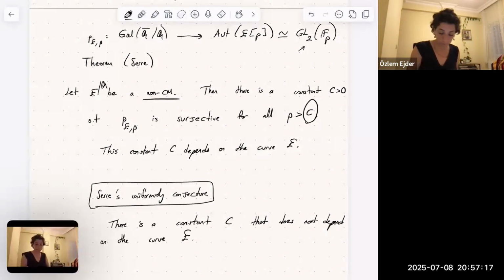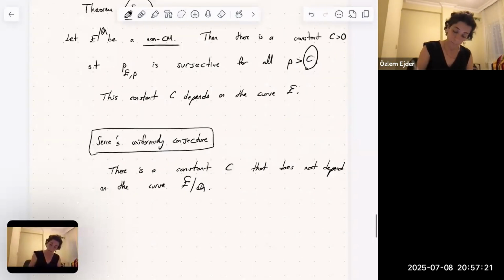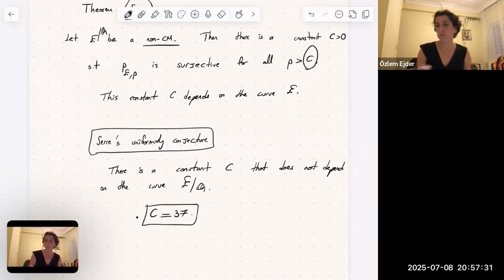And I'll just say that this constant is conjectured to be 37. So it's a very small number.